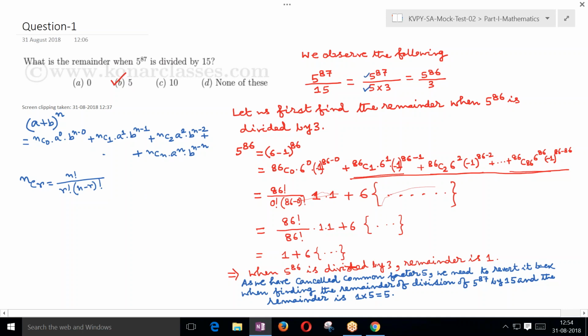So let me tell you what is permutation and what is combination. Permutation is when you are arranging some objects, and combination is when you are selecting objects.